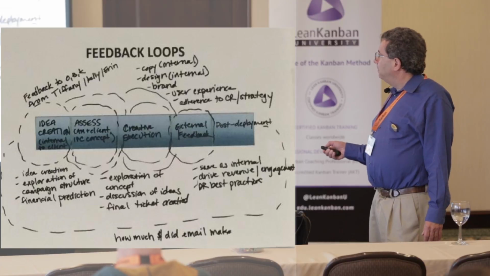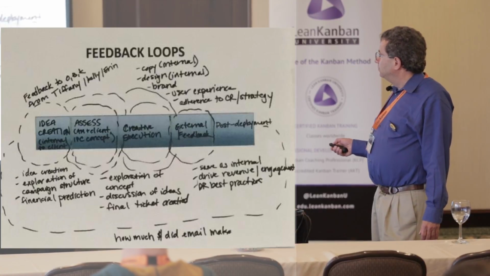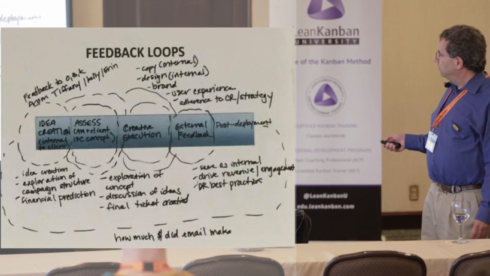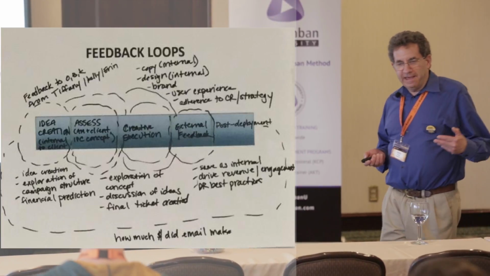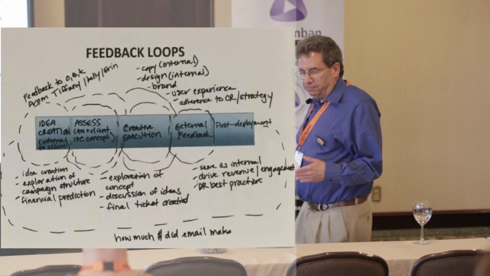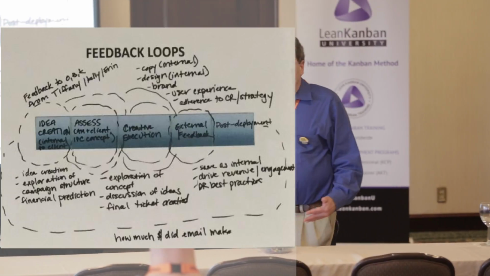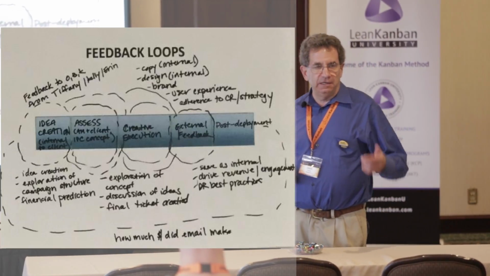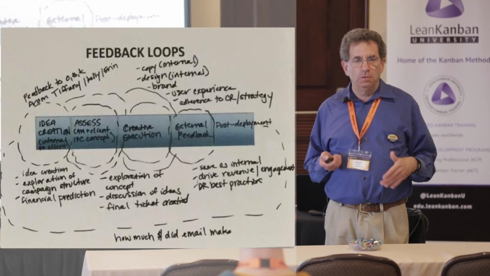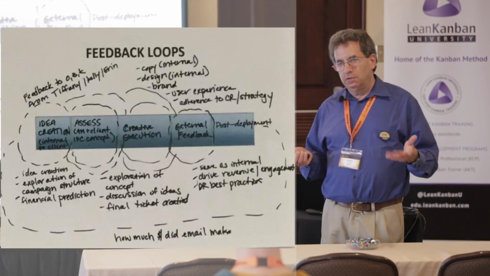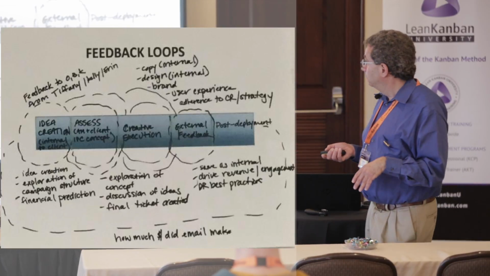But then we would get feedback from some of the managers. And this is an interesting story. Our first contact with the client would be a frontline marketing planner who would lay out what they wanted the email to look like, or whatever other campaign they were dealing with.